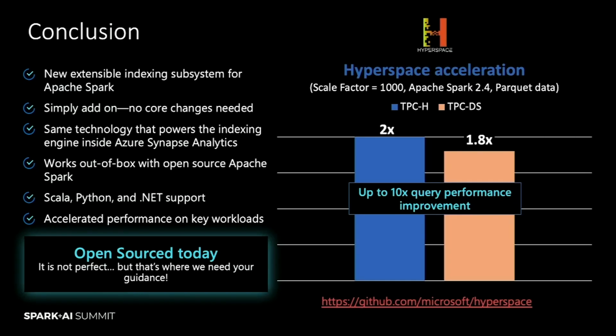And point number two, the tech was built without modifying a single line of Spark core, which gives you some tremendous powers in terms of putting it on your own Spark clusters without having to worry about deploying Spark itself. And because the tech is also deployed as part of Azure Synapse Analytics, rest assured you can feel safe that there's a tremendous amount of product investment going on in it.